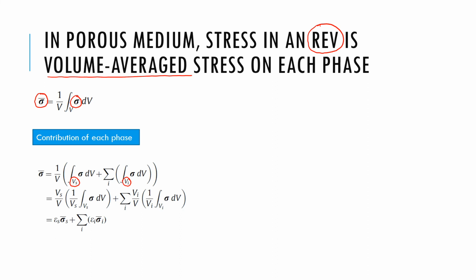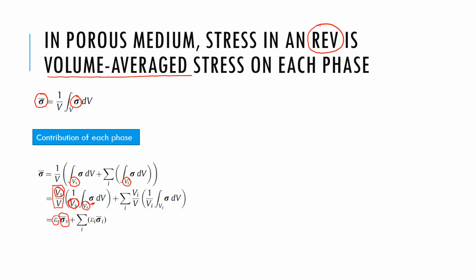If I simply multiply and divide by Vs here, then what do I get? 1 over Vs and then sigma integrated over Vs. That's really the volume averaged stress on the solid, and then Vs over V, solid volume over total volume, that's the solid volume fraction.